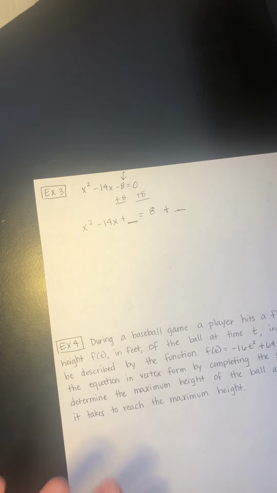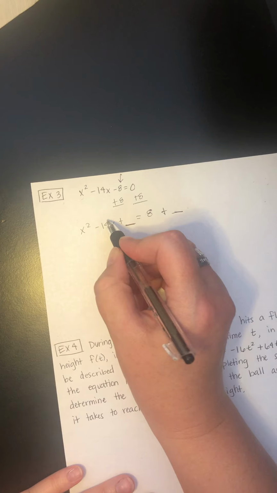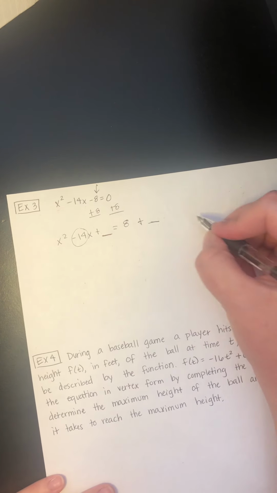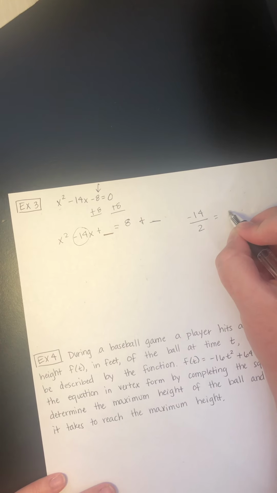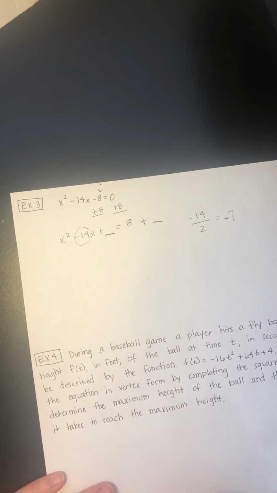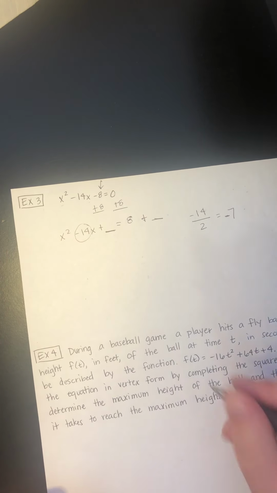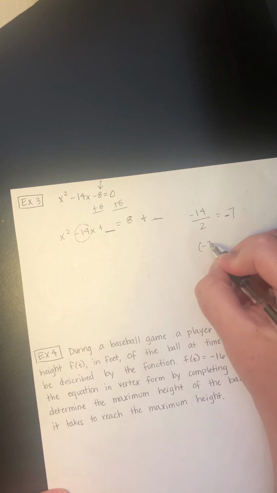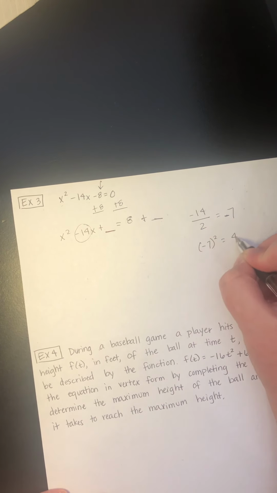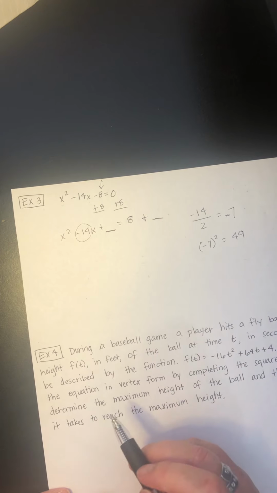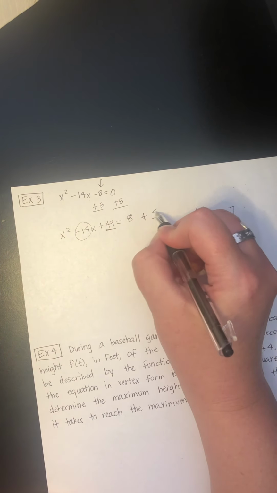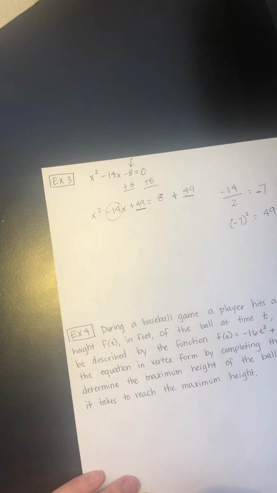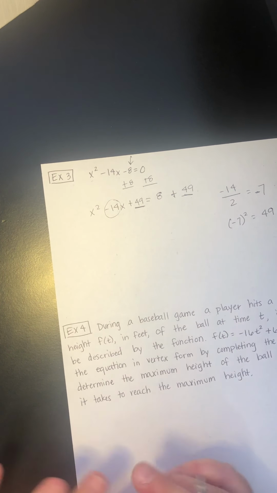So to find out what this c is, you take the negative 14, divide it by 2, you get negative 7. Now, our next step is we're going to take negative 7 and square it. That is 49. So you're going to add 49 to both sides of the equal sign to keep everything even.